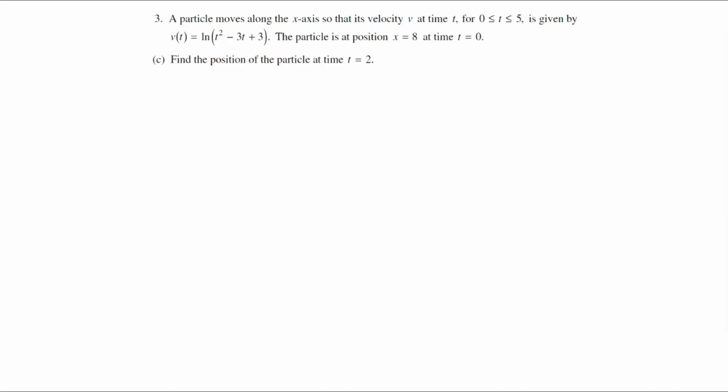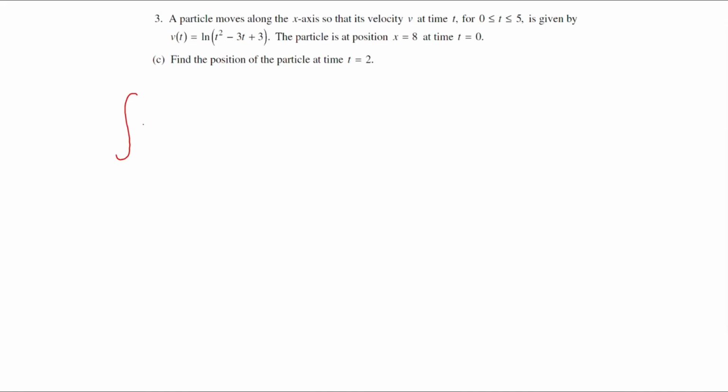All right, now in part C, it wants us to find the position of the particle at t equals 2. To find a position, we just have to integrate the velocity. The integral of the velocity is the displacement.